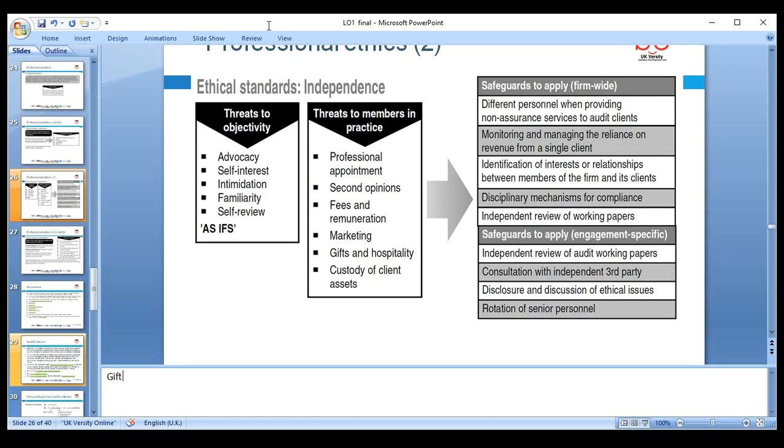Many people give a lot of gifts to accountants. I think there is a certain limit where you can take gifts. You have to use professional judgment. There is no such law, but a lot of people suggest not more than £50. There is a lot of discussion on this, but we need to use professional judgment, and always make sure we have a safeguard for it.